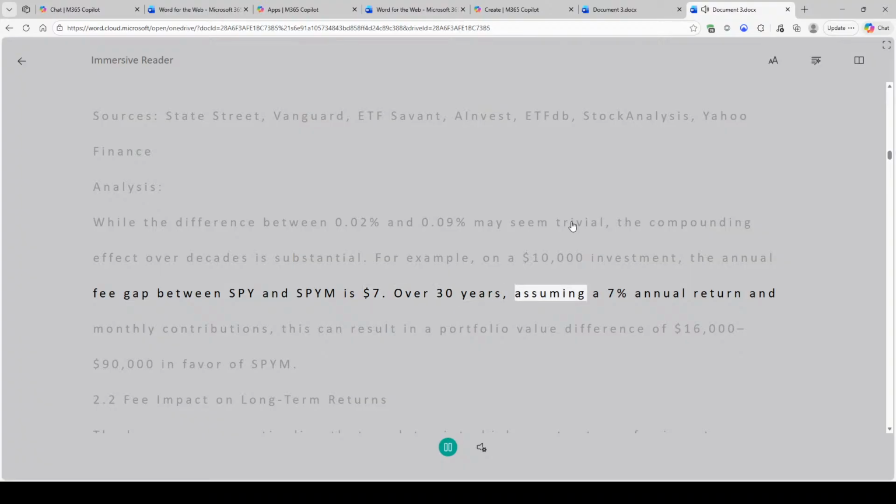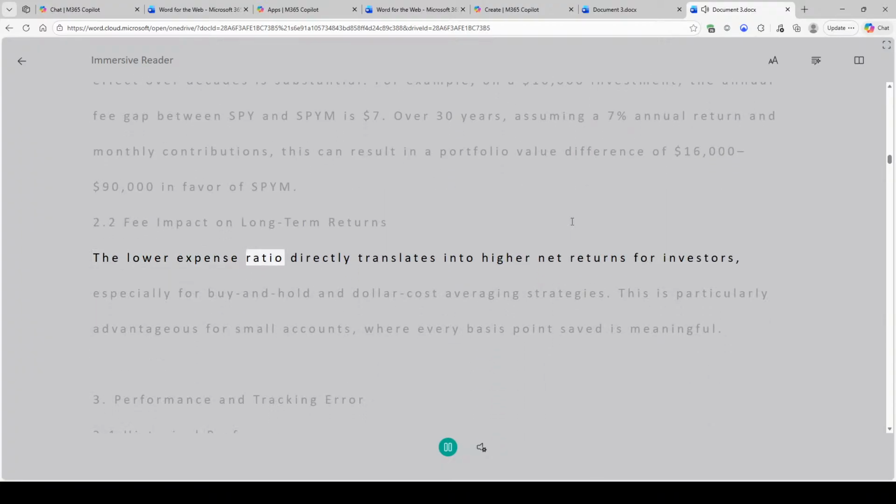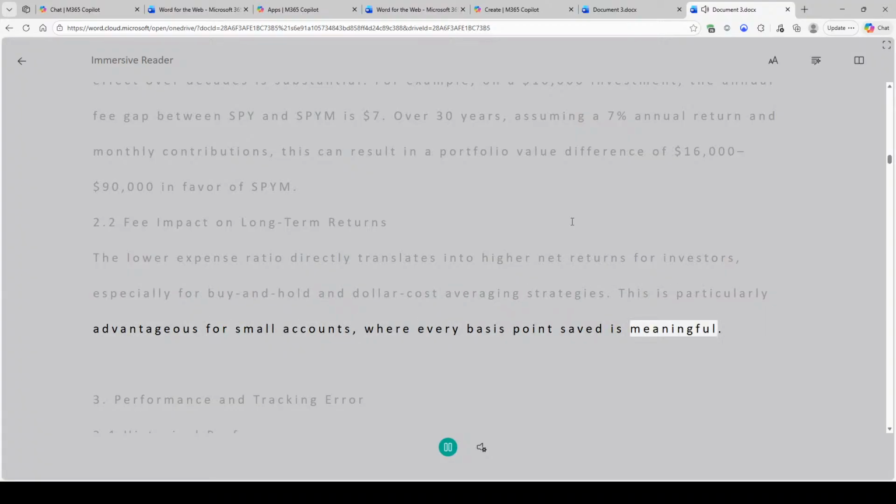Over 30 years, assuming a 7% annual return and monthly contributions, this can result in a portfolio value difference of $16,000 to $90,000 in favor of SPYM. 2.2 Fee impact on long-term returns. The lower expense ratio directly translates into higher net returns for investors, especially for buy and hold and dollar-cost averaging strategies. This is particularly advantageous for small accounts, where every basis point saved is meaningful.